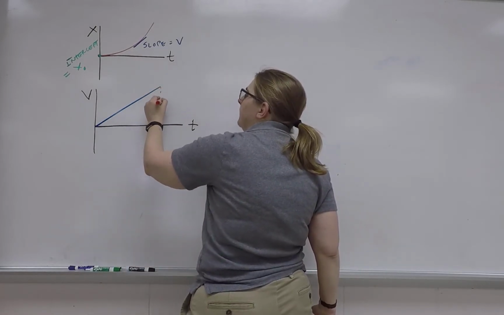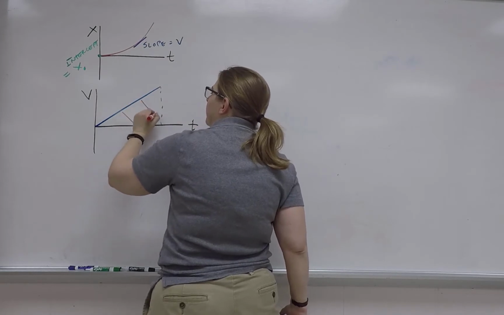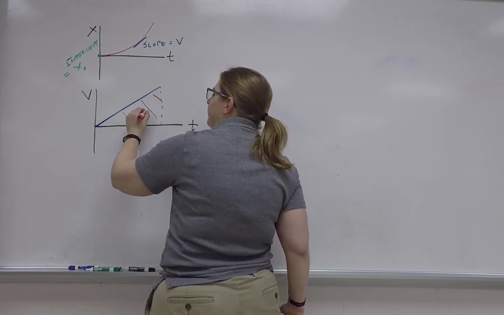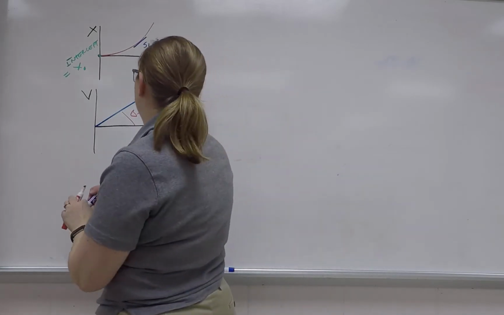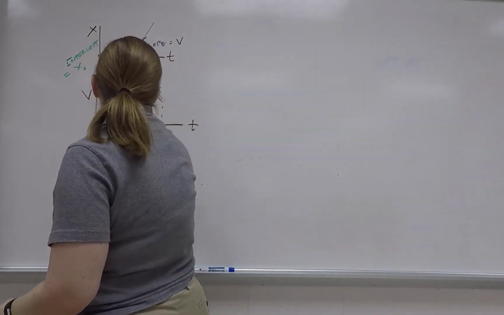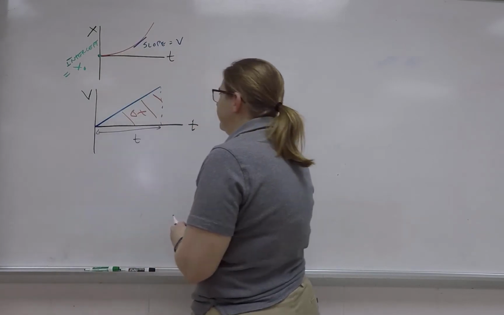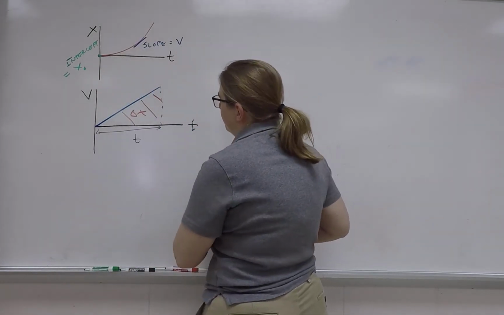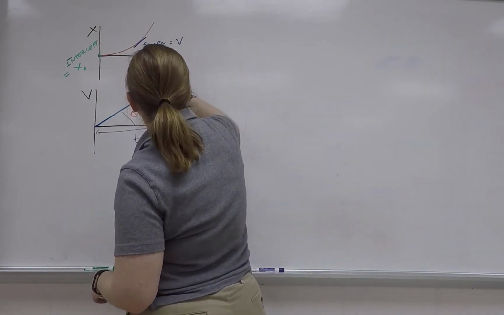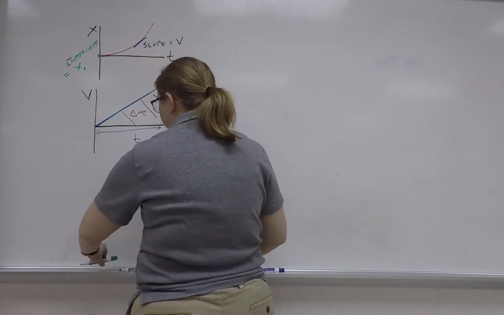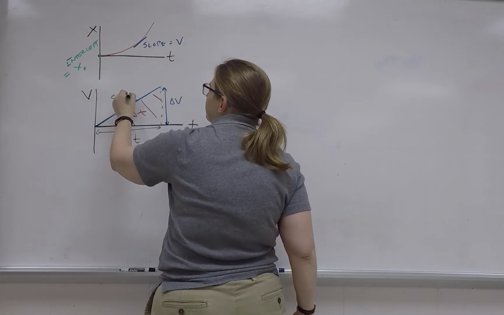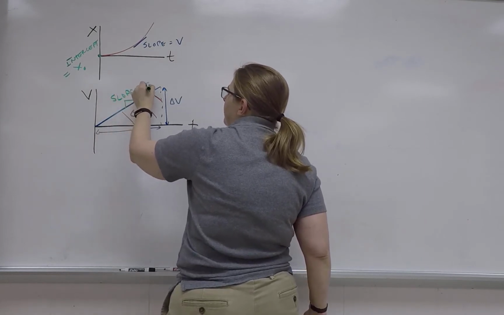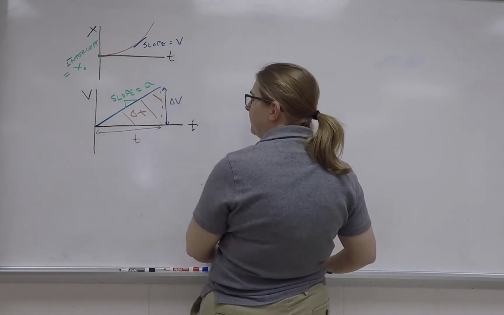Now we figured out the area of this velocity time graph is the distance that the object travels, and we can also annotate this with the change in velocity and the time. And we figured out the slope of this is the acceleration.